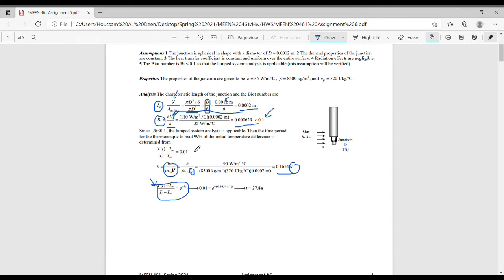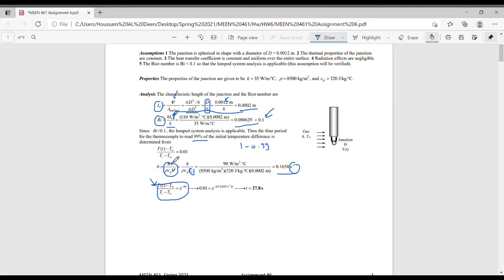And here they're asking us the time for the thermocouple to read 99% of the initial temperature, which means that the ratio of the temperature minus the ambient temperature over the initial temperature minus the ambient temperature should be 1 minus this 99% that they gave us, which is 0.01.